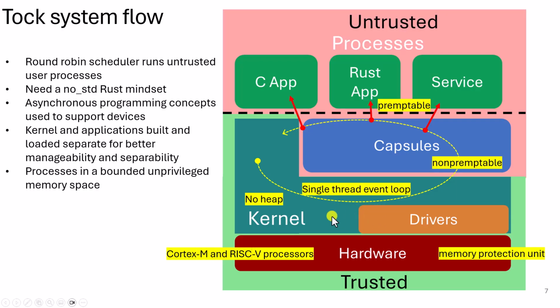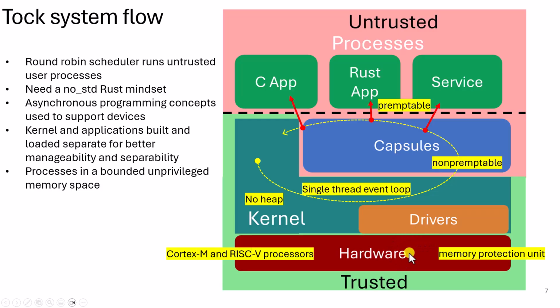So kernel code can operate in unsafe mode. The driver code can. Generally, capsule code cannot. But the driver code needs to be able to do that to interface with the hardware, where a lot of the peripherals, timers, analog to digital converters, things like that are.